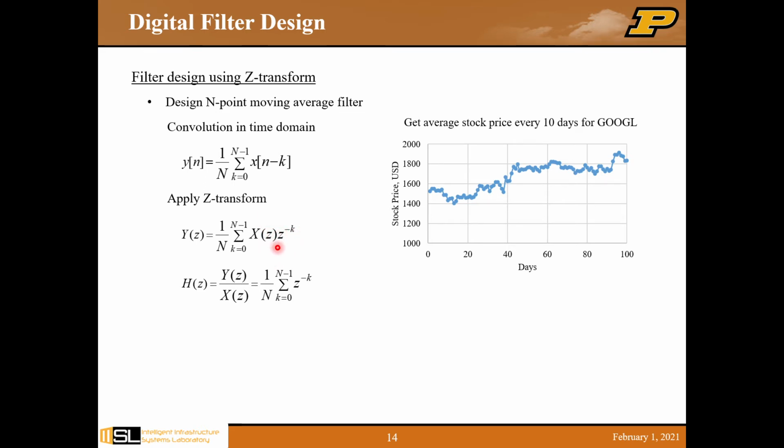Similar to the frequency response, we can obtain the transfer function H(z), and then replace z with e to the j omega T. Eventually we obtain the frequency response for the N-point moving average filter.